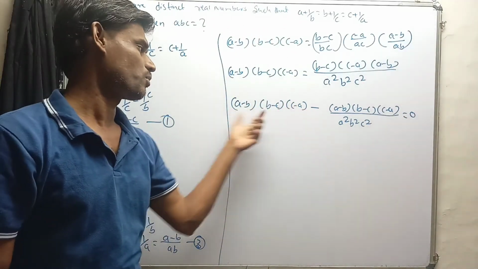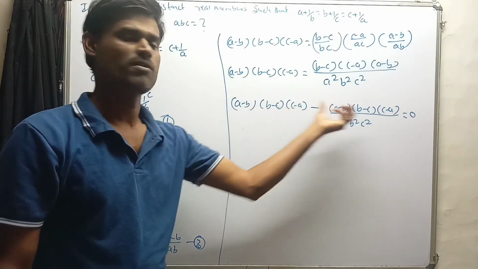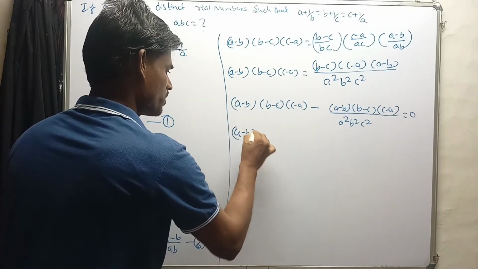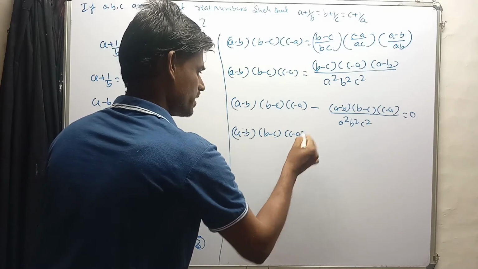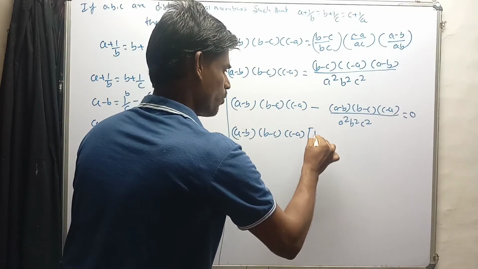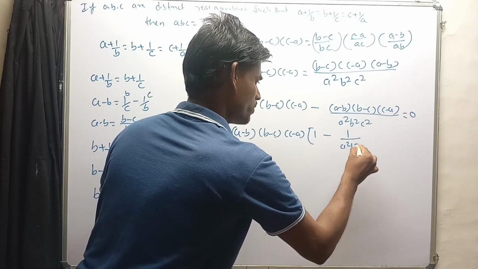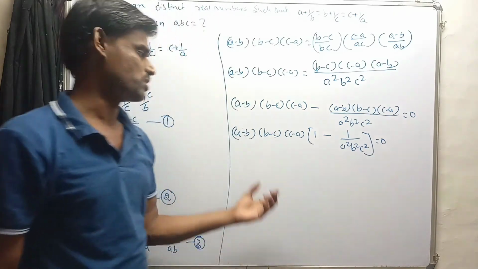Then we can factor out A minus B into B minus C into C minus A from these two terms. By factoring out, we have 1 minus 1 divided by A square B square C square is equal to 0.